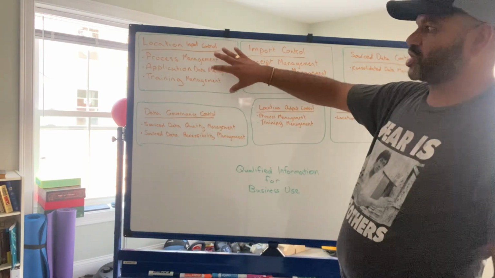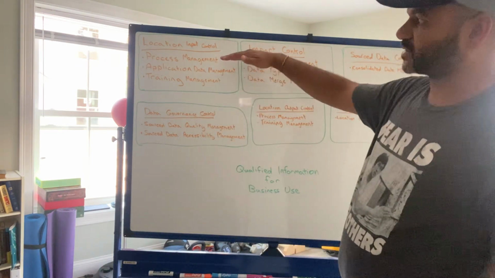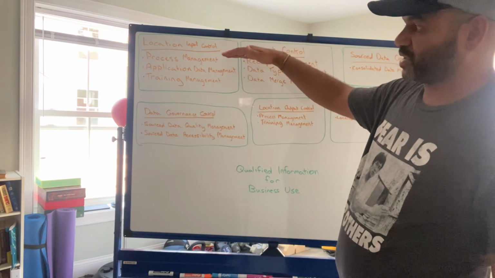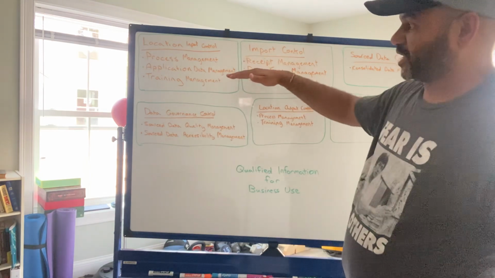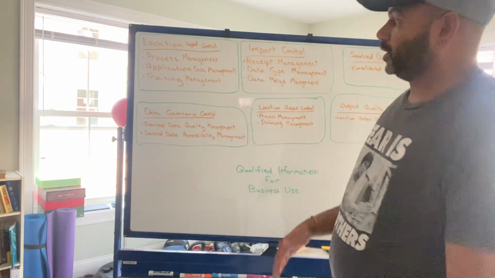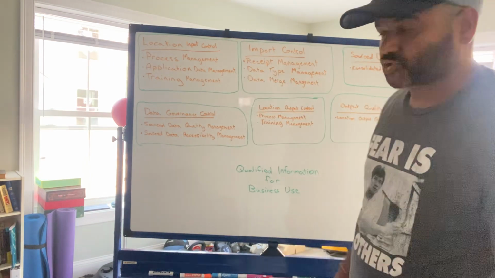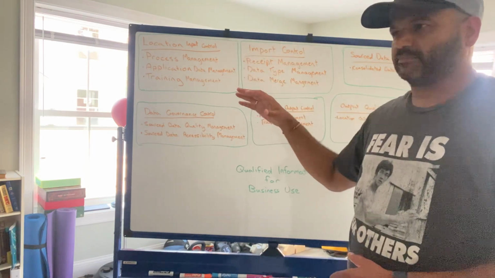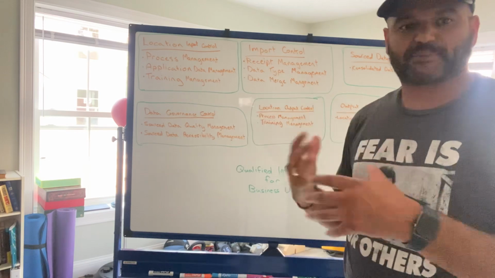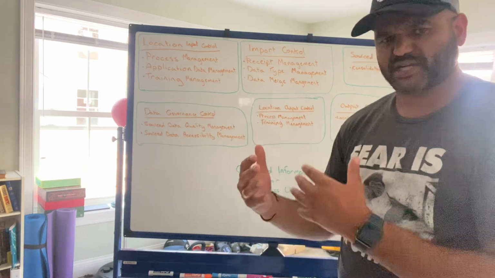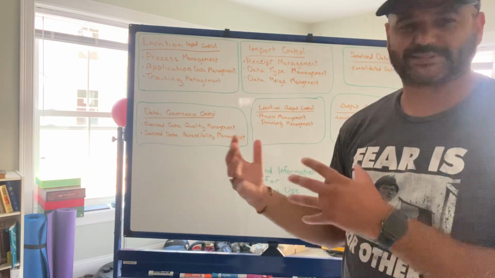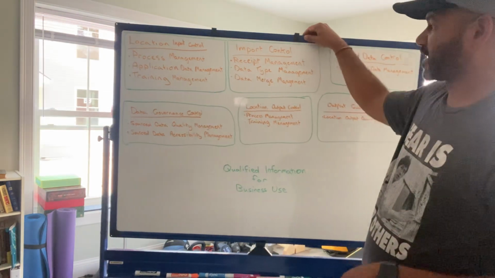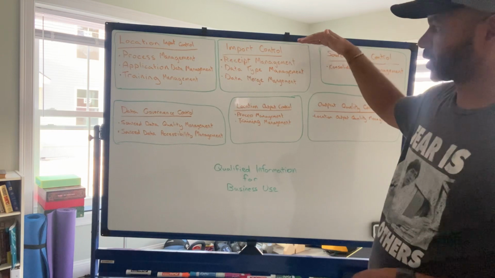In this control of the data, you've got your process management for each location, application data management for each location, and training management for each location. So that level needs to be in place so that there's some sort of consistency, or at least an attempt to get as consistent across the locations as possible.